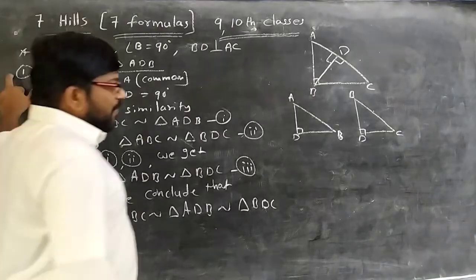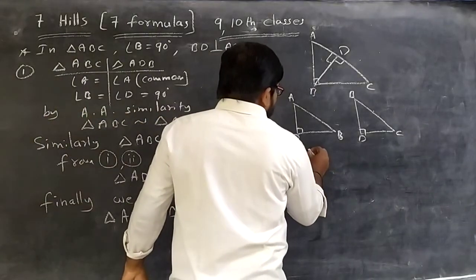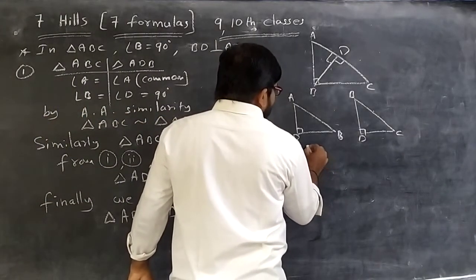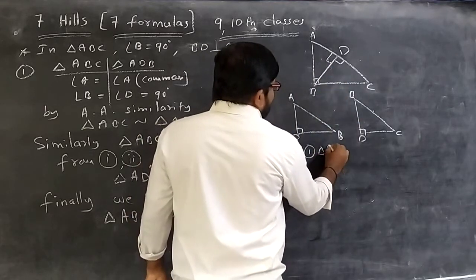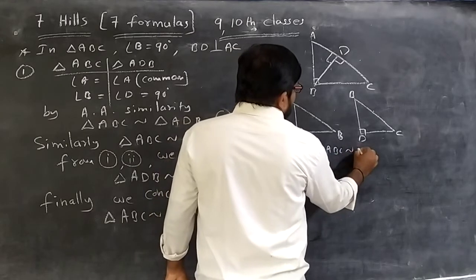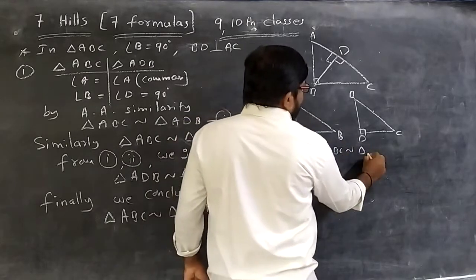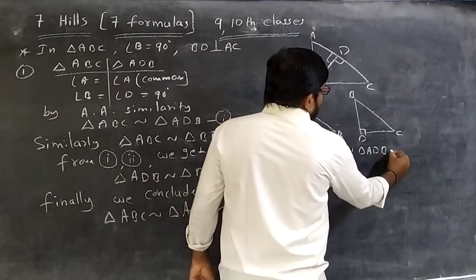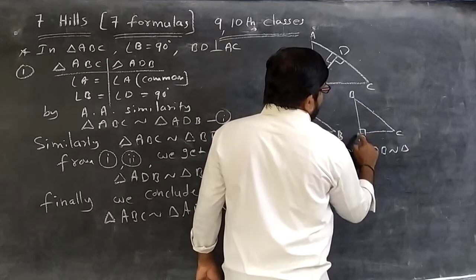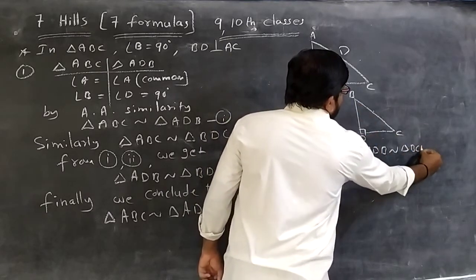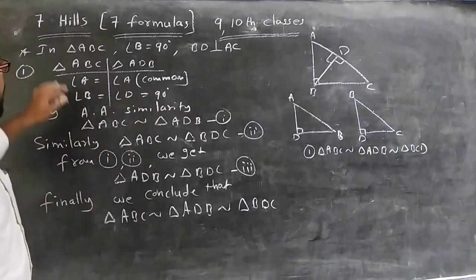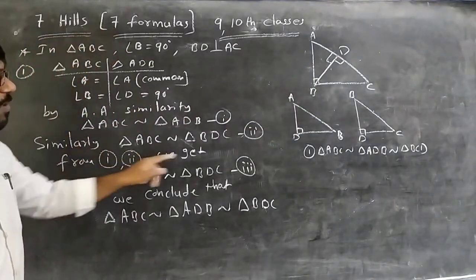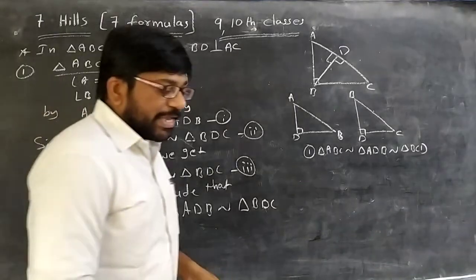The first formula is that the three triangles are similar: triangle ABC is similar to triangle ADB is similar to triangle BDC. So in the 7 formulas, the first formula is completed. Now the second formula.